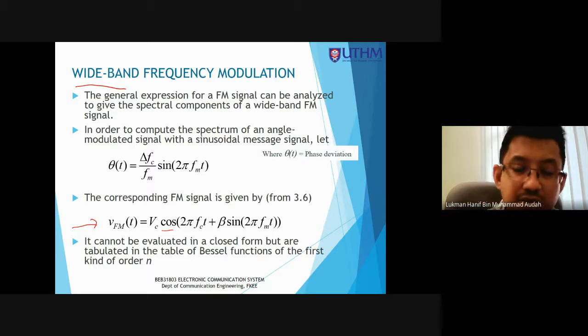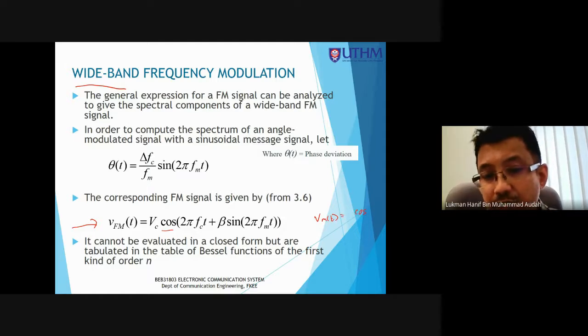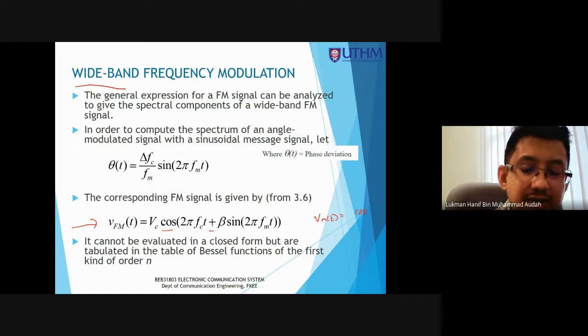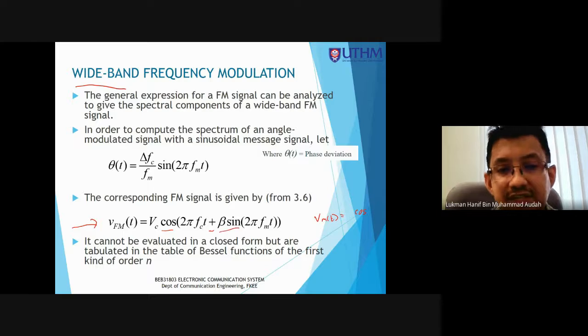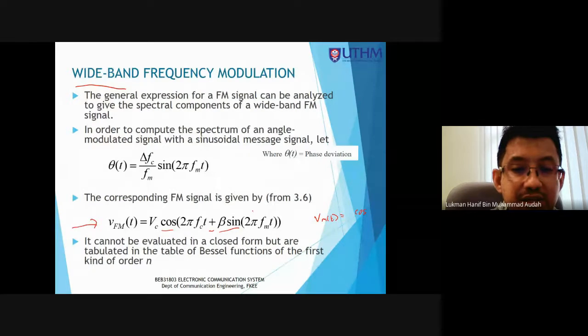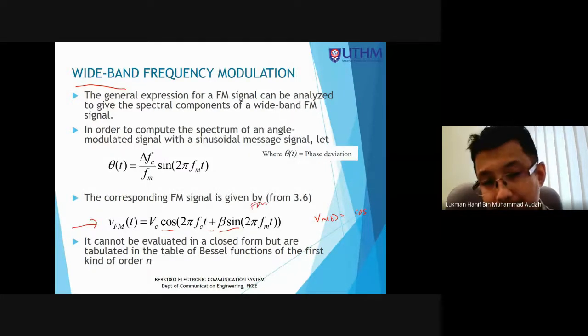So dalam kes ini dia menggunakan VMT dalam sebutan cos. So when you integrate cos, you will get positive sign. Okay, positive sign. Okay, so here is beta F sin 2 pi FMT. So ini adalah general equation untuk FM.